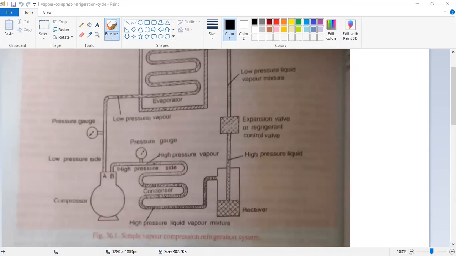Okay, nice. So what I'm going to do now is give you some brief idea about the COP of a refrigerant. So what is the COP of a vapor compression refrigeration cycle?